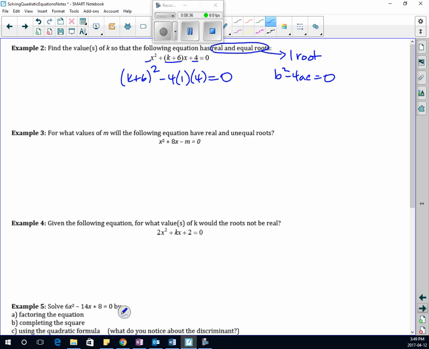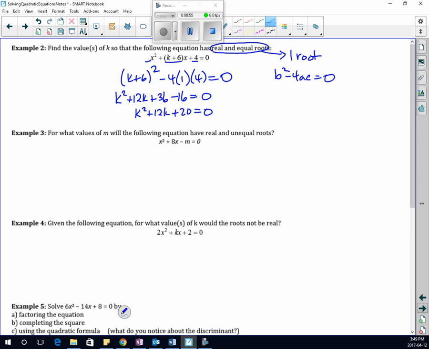So k plus 6 squared is a FOIL. So if I FOIL that out, I get k squared plus 12k plus 36, and then minus 16 equals 0. So I get k squared plus 12k plus 20 equals 0. And hopefully this factors.